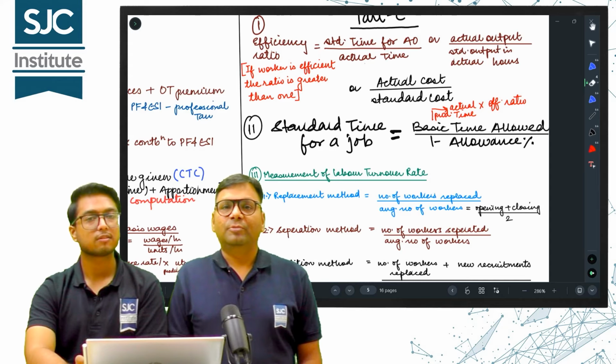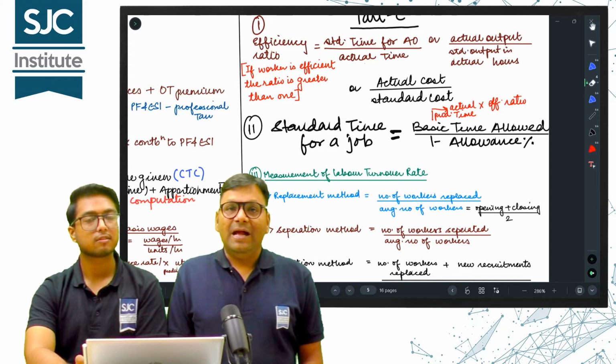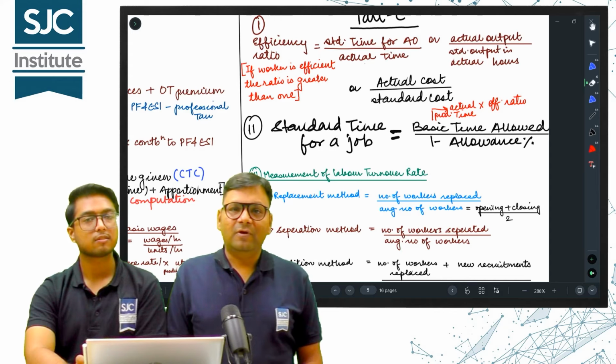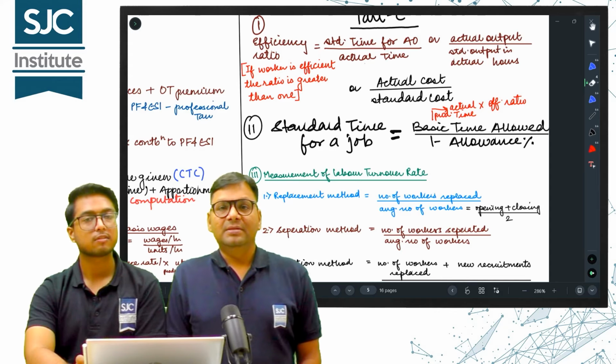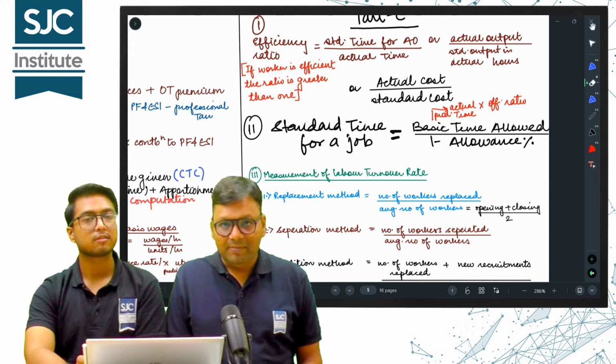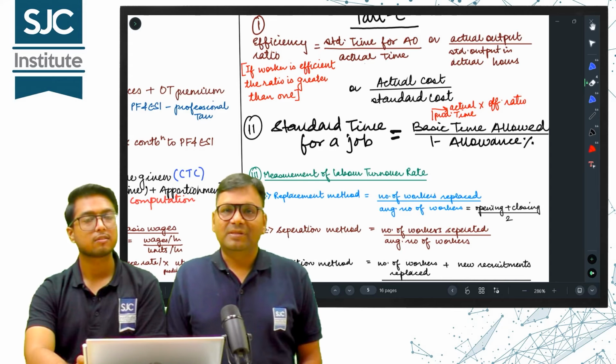That actual time is nothing but actual productive time, and from this if you calculate your standard time, that will be efficiency ratio times actual time. Remember, whatever standard time for actual output you get from the efficiency ratio formula is only called basic time allowed. And when we are calculating standard time for a job, we are further inflating this standard time by the allowance percentage.